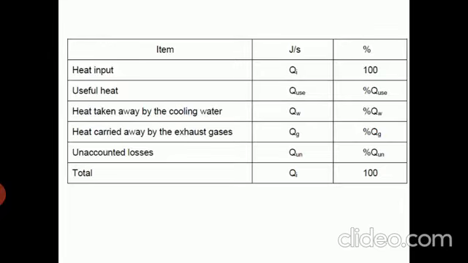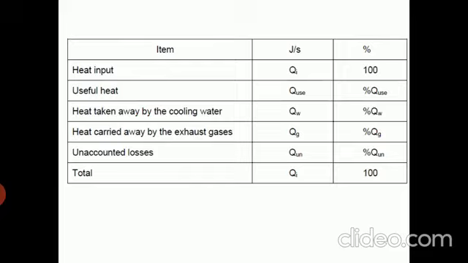We should list out everything in the form of a table. Item means items or parameters: heat input, useful heat which is brake power, heat carried away by cooling water, unaccounted heat losses. If you are adding Q useful, heat carried away by cooling water, heat carried away by gases, and unaccounted, if you are adding all these parameters, you should get Q input.